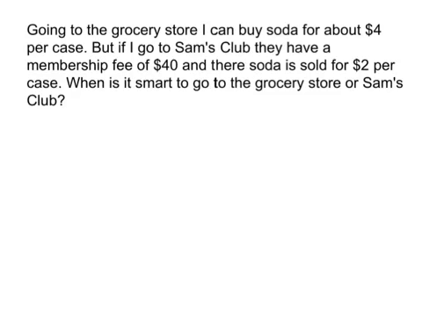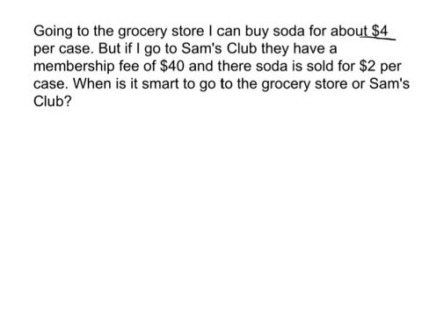Going to the grocery store, I can buy soda for about $4 per case. But if I go to Sam's Club, they have a membership fee of $40, and their soda is sold for $2 per case. Let's look at that important information. Soda is about $4 per case at the grocery store.